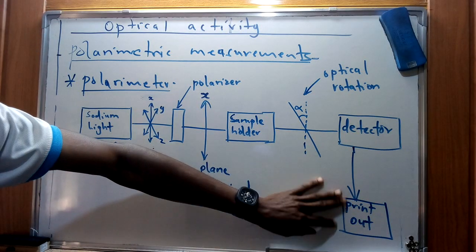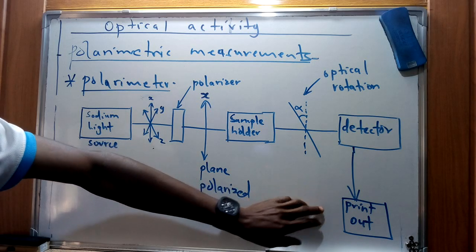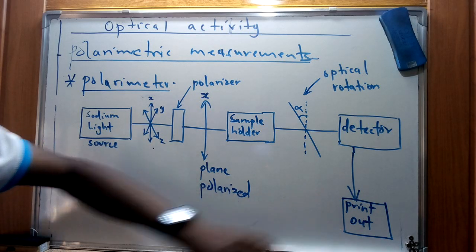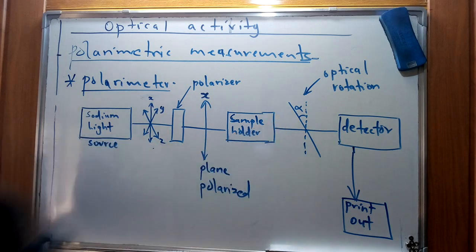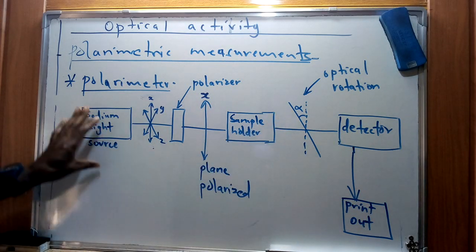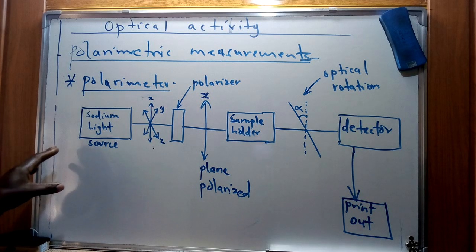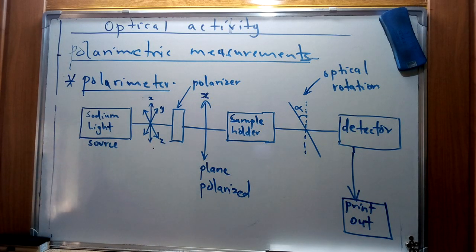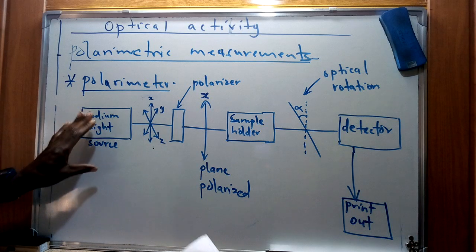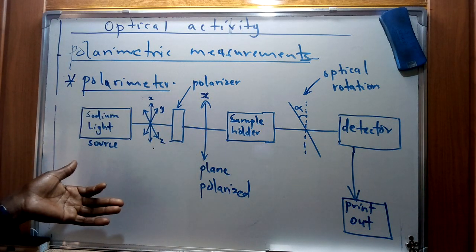So we're going to have an interface whereby we're going to have the result represented by this section that I've referred to as a printout, whereby we're going to detect the extent of rotation of this specific angle alpha. So this basically gives the plot diagram for what we call a polarimeter. And we're going to see that the polarimeter has these different aspects that I've mentioned.